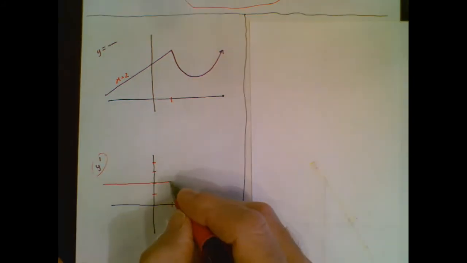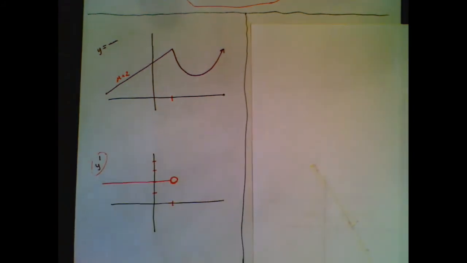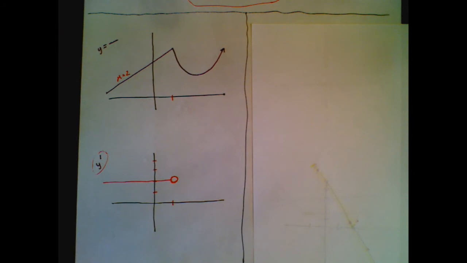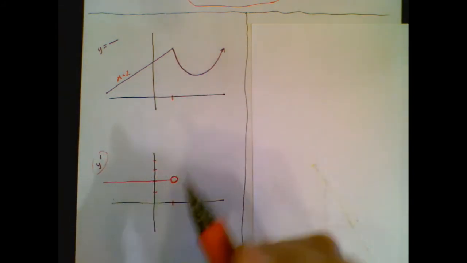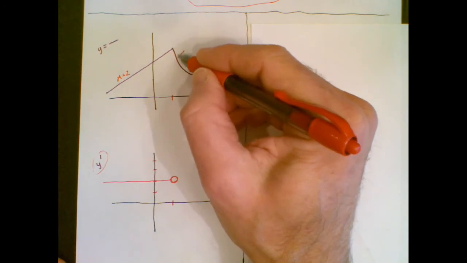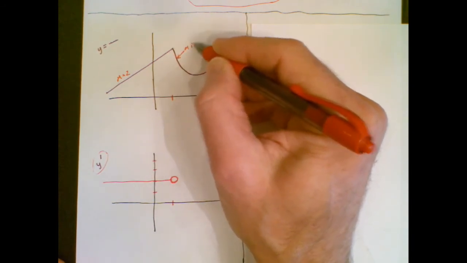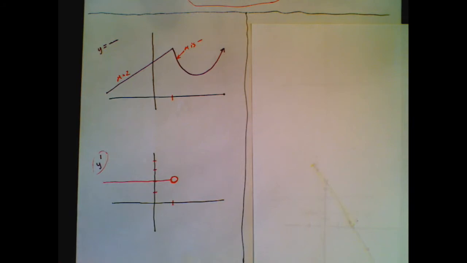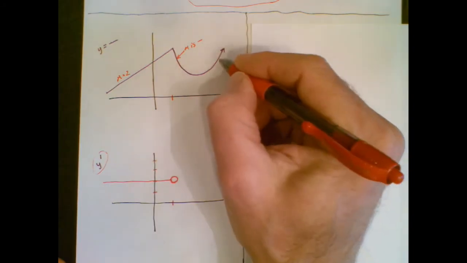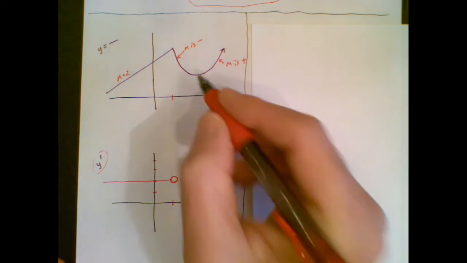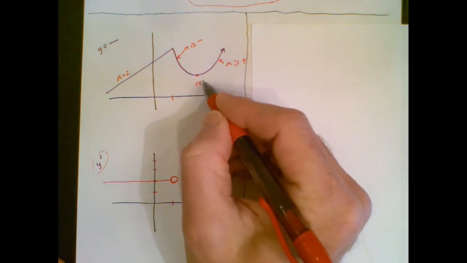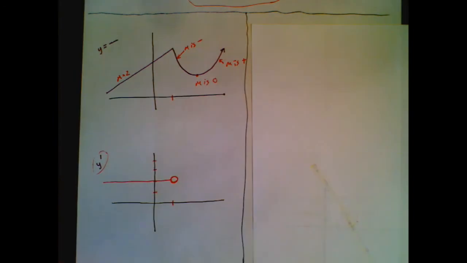Now I'm going to put a mysterious open circle here. I hope you know why, but there's a chance you don't. Now I'm looking at this part, and this one's a lot tougher. At this point, the slope is negative. At this point, the slope is positive. At this point, the slope is 0.